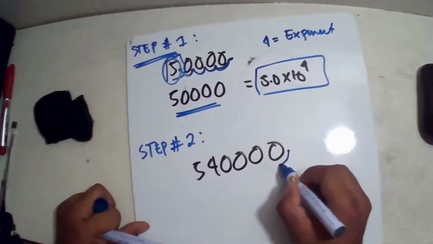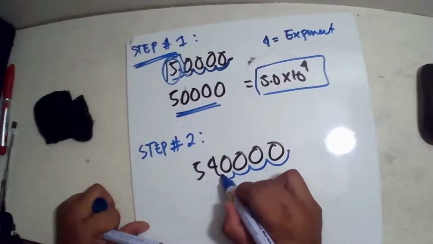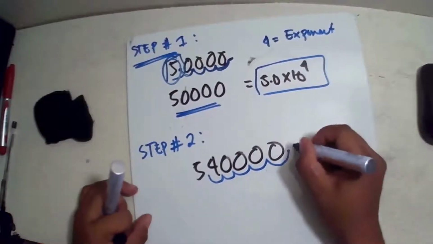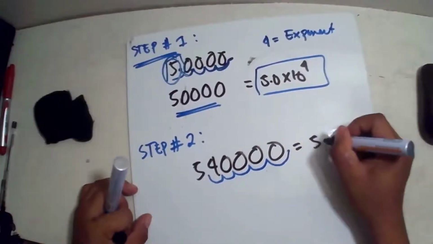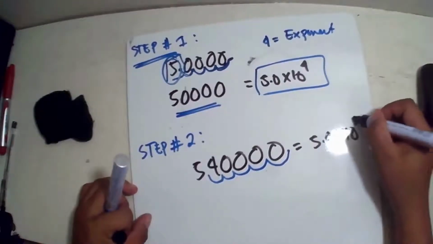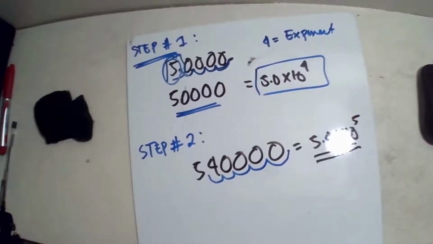So from this one, 1, 2, 3, 4, 5. So how many movements do we have? We have 5. It becomes 5.4 times 10, number of movements, 5. So this is the expression for this series of number.